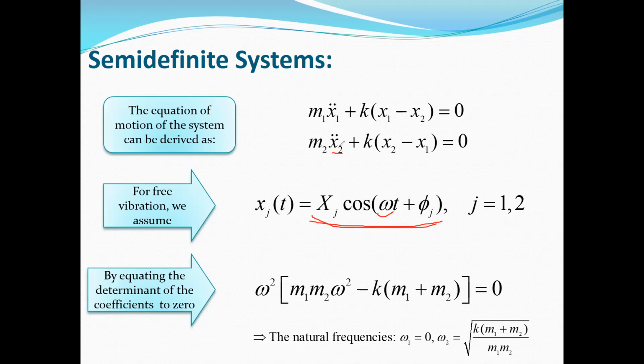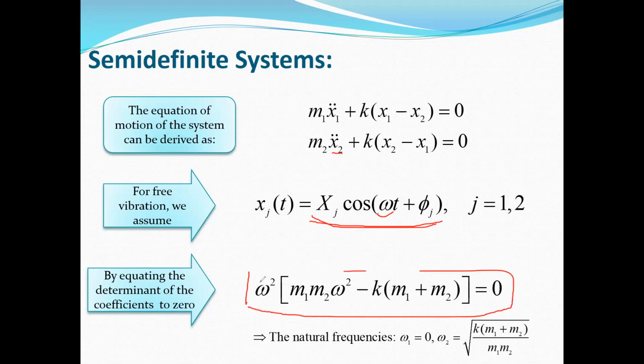So x1 double dot in fact is equal to minus omega squared times x1. Now we can substitute and simplify and extract the characteristic equation by finding the determinant of the coefficient matrix. The determinant of the coefficient matrix, which is the frequency equation, results in this equation.